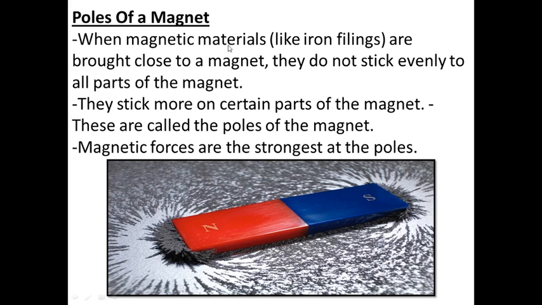See, when magnetic materials like iron filings are brought close to a magnet, they do not stick evenly to all parts of the magnet. Means they can stick, but they stick more on certain parts of the magnet, that is the ends of that magnet.